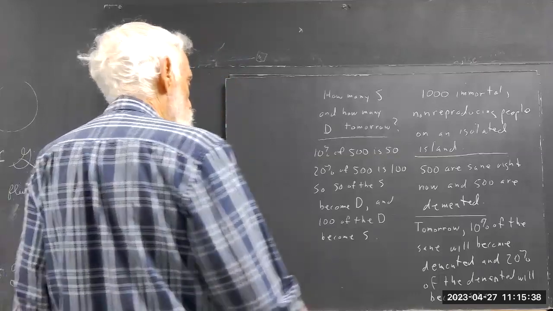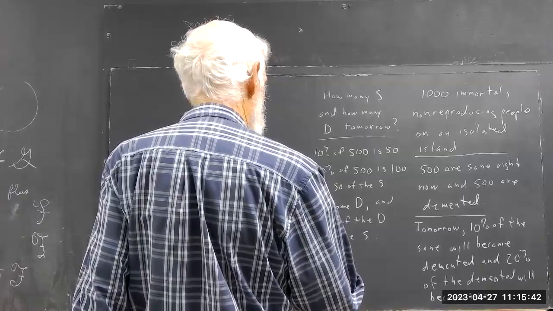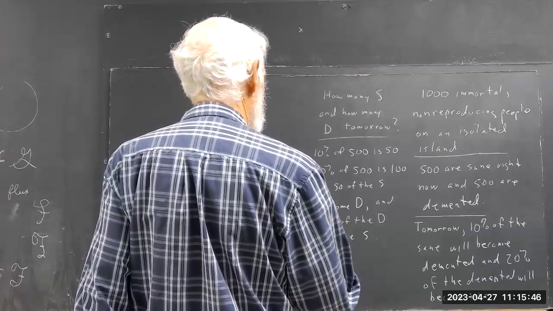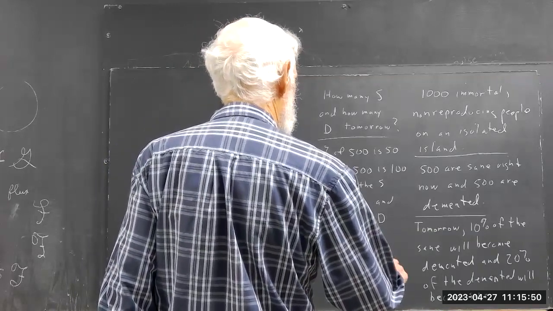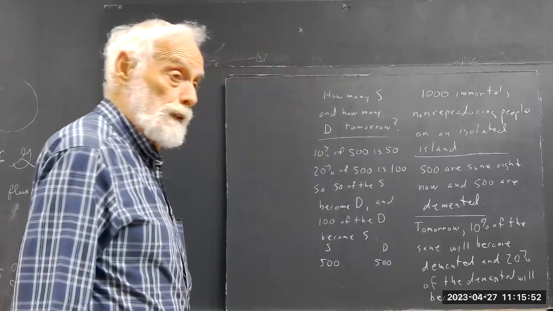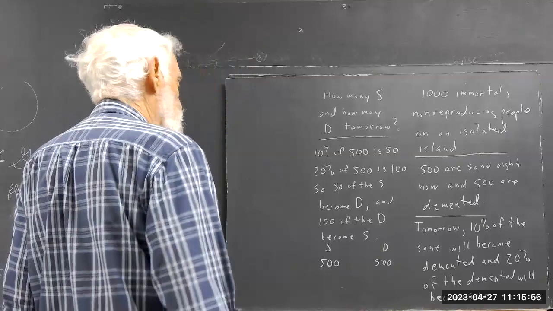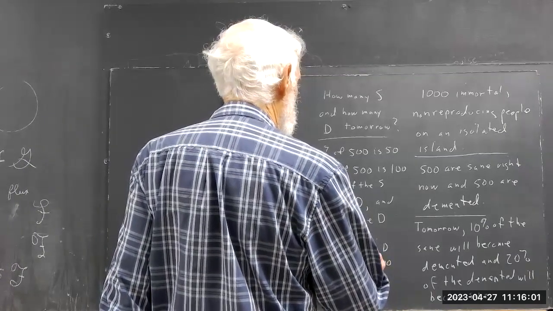Well, we can draw a picture. Here's the sane. Here's the demented. 500 of each. Now, I draw a little arrow there, it says that 50 of these guys are gonna go over here.